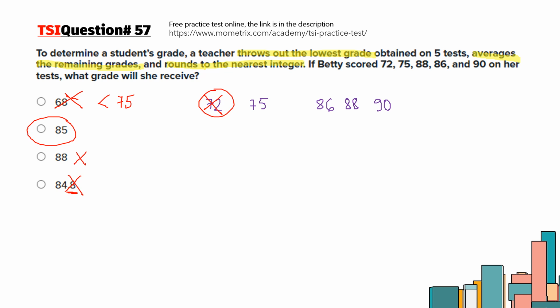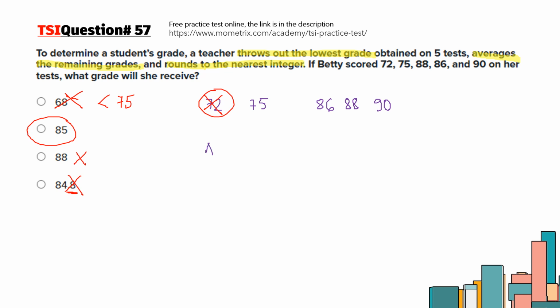The first task we already did: we write down the list of the scores from the smallest number to the biggest one. Then we eliminate the lowest grade and we are left with 4 test grades.